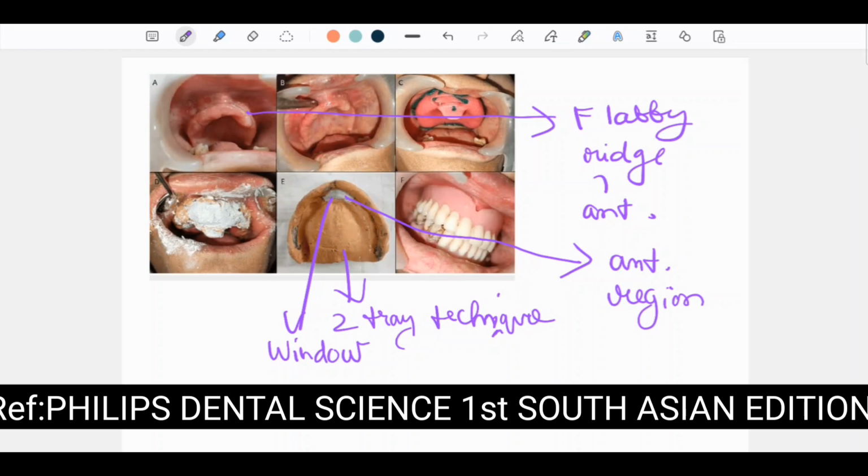In that custom tray we are going to give a window or a hole-like opening for the specific area of interest, that is the flabby ridge area, and then we are going to use impression plaster or any kind of light body silicones, and record the impression in the patient.